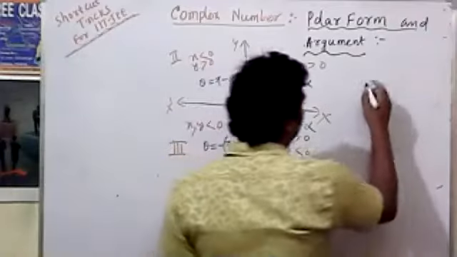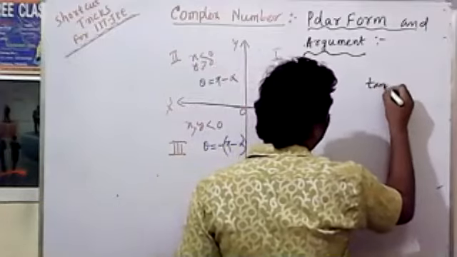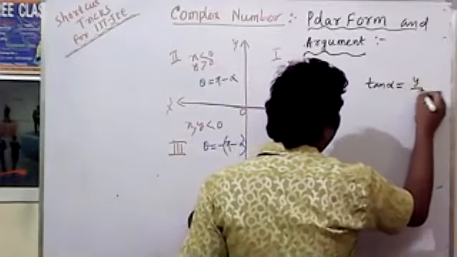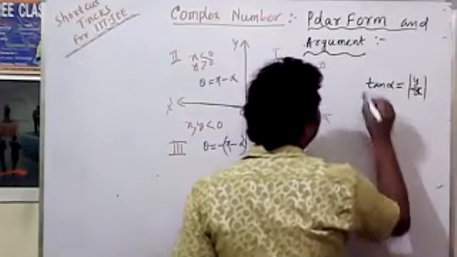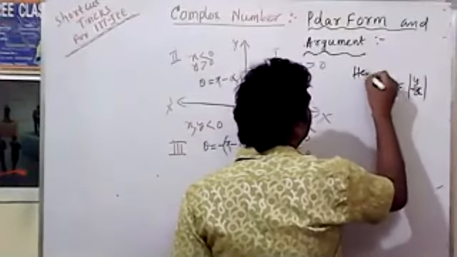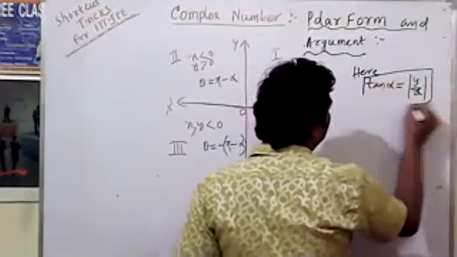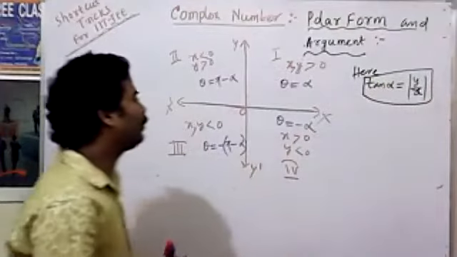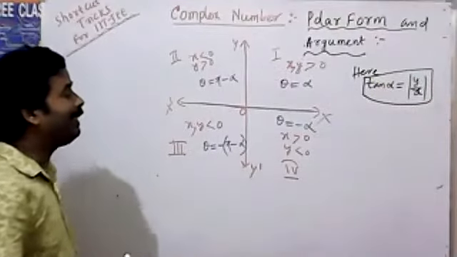Now tan alpha is equal to the magnitude of y by x. Here tan alpha is equal to the magnitude of y by x, which you can find easily.